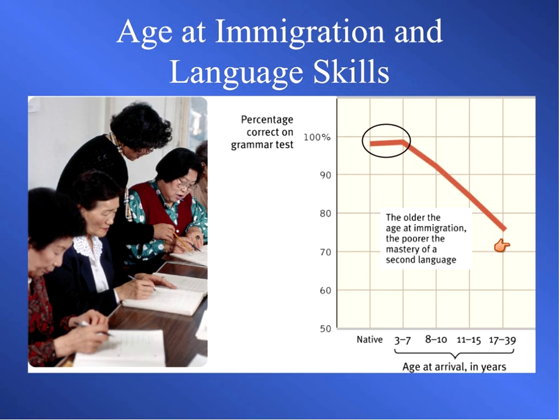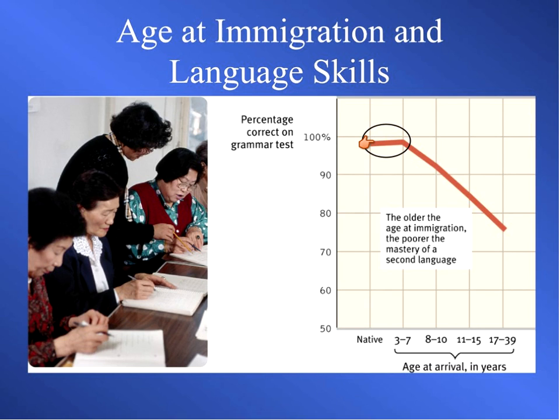The longer it has been since your arrival, the more your performance on that grammar test is compromised. So the worst performers are the people who arrived later and later in comparison to folks who arrived earlier. The older your age at immigration, the poorer your mastery was of that second language. Again, the dependent variable here is grammar test score.